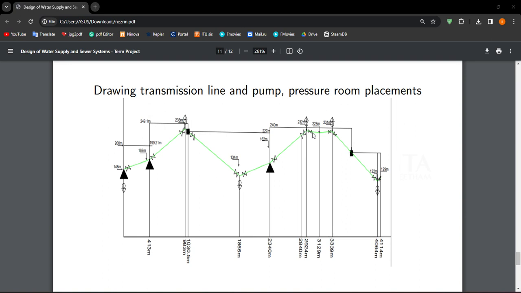The butterfly-looking shapes are the valves. The upside ones are air valves, and the triangular ones are the pumps.